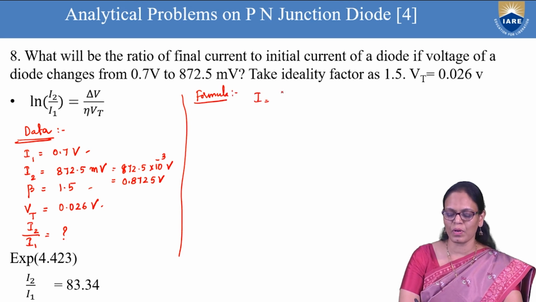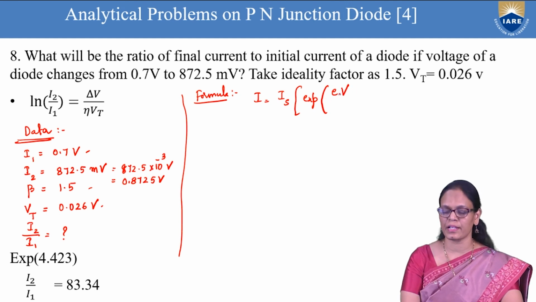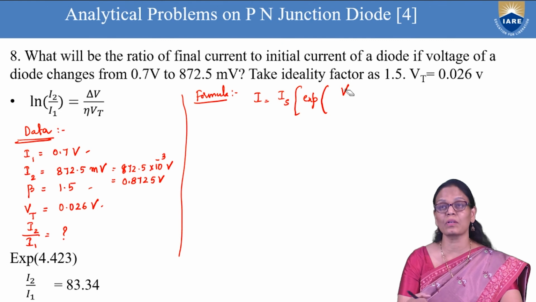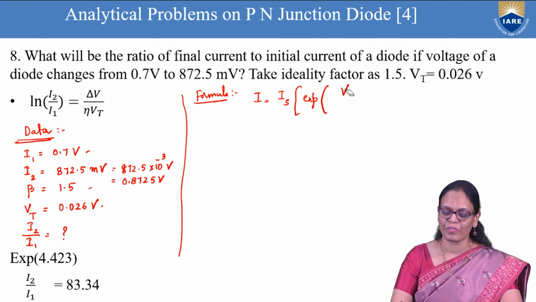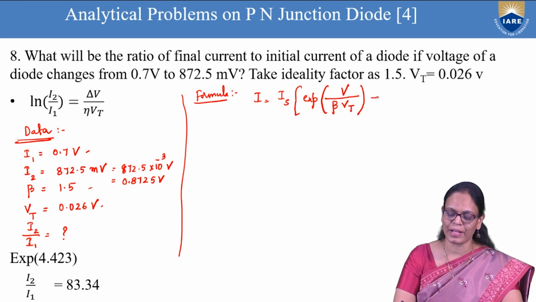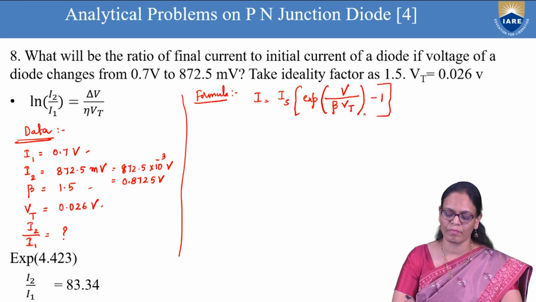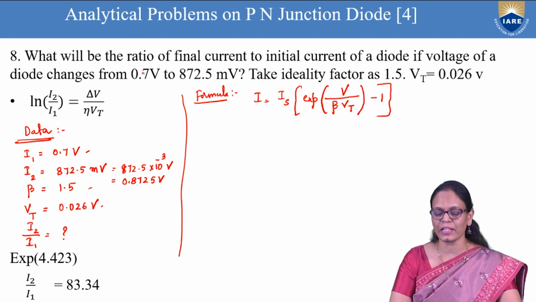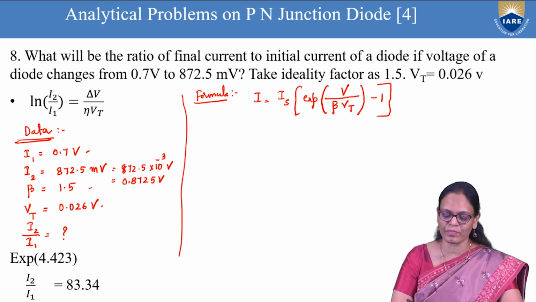So now let us write the formula. I is equal to Is exponential EV. I'll not write it as EV because the thermal voltage is given. We can write it as V upon beta Vt, minus 1. Now we have to find the ratio of I2 to I1.